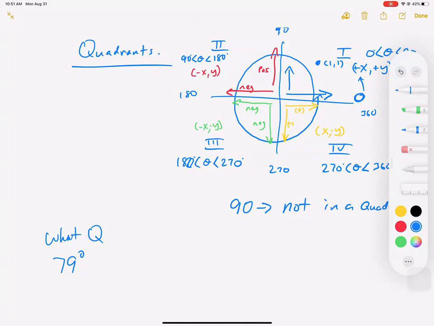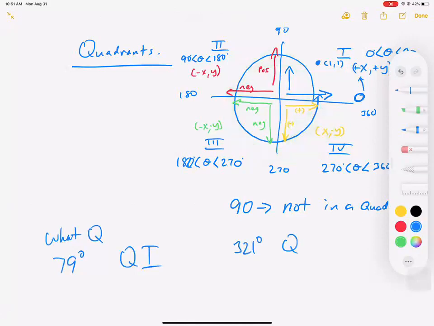If it's less than 90 degrees, that means we're stuck in quadrant 1. How about 321 degrees? 321 degrees, 180, 270. Oh, we didn't quite make it to 360. We are stuck in quadrant 4.